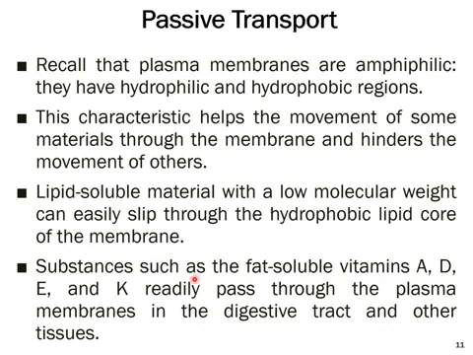Substances such as the fat-soluble vitamins A, D, E, and K readily pass through plasma membranes in the digestive tract and other tissues. These vitamins are fat-soluble and can easily pass through the plasma membrane in the intestines, where all the food particles get absorbed into the cells and into the blood.